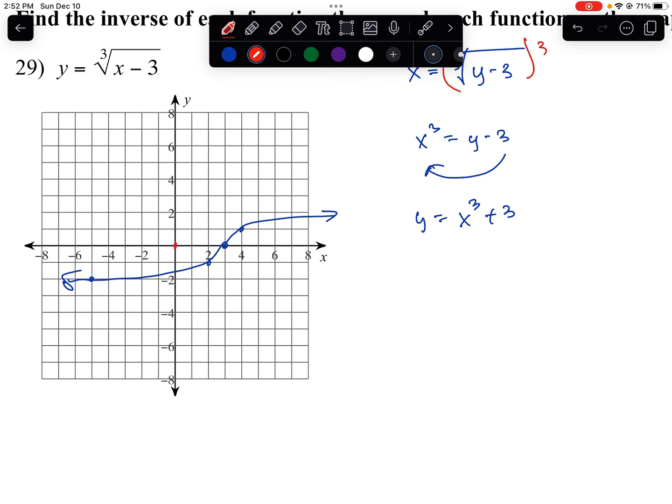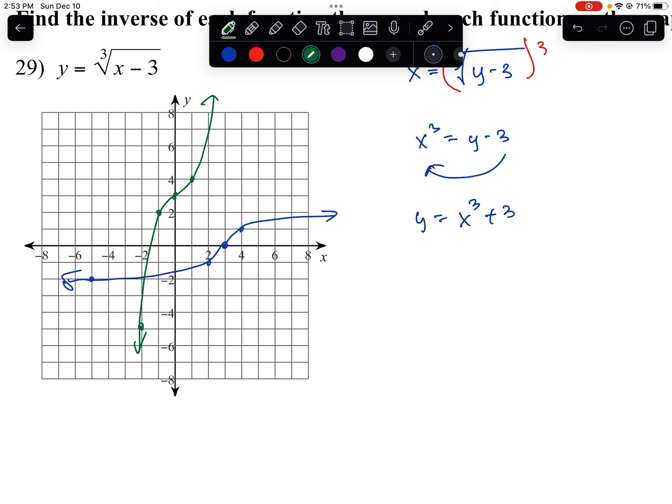So we would have points here, here, here, and here, but all these points are going to be moved up 3. Okay, so that would be here, here, and here. And there. So it would go down like this, up like that.